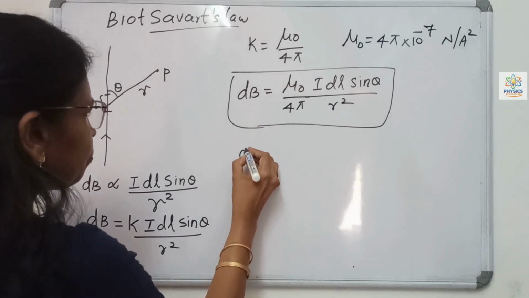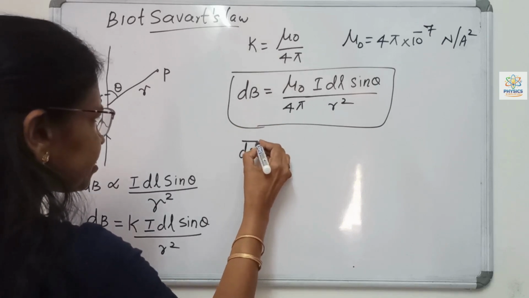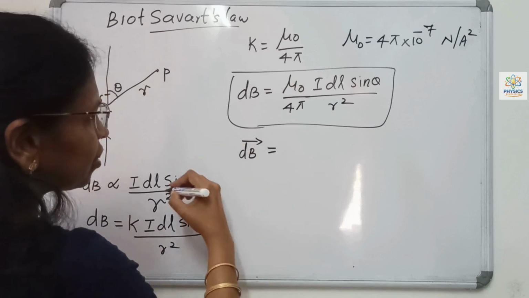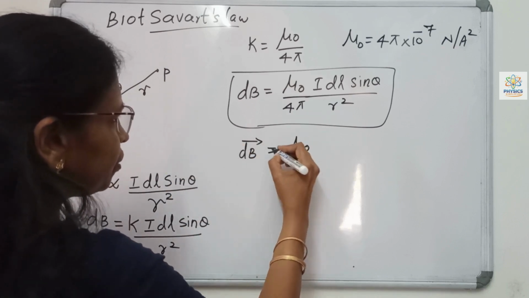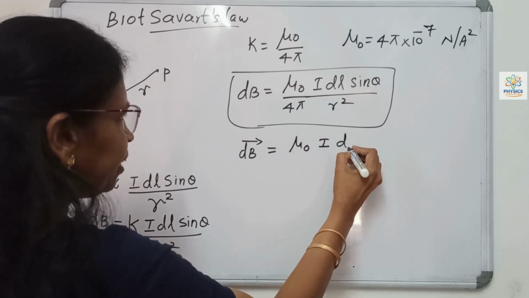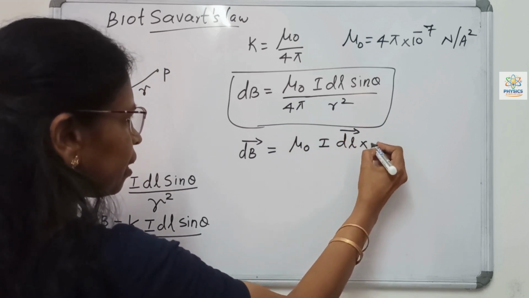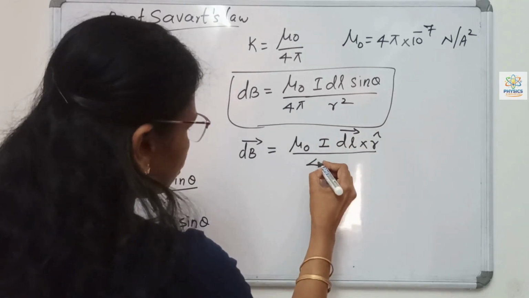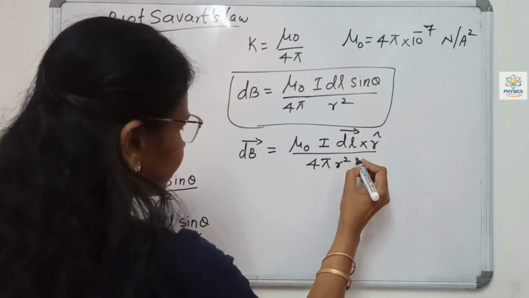In vector form, we have to represent this equation as vector dB is equal to mu 0 I dl cross r cap the whole divided by 4 pi r square.